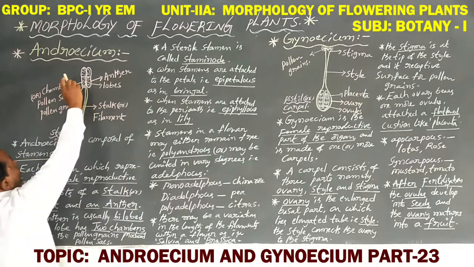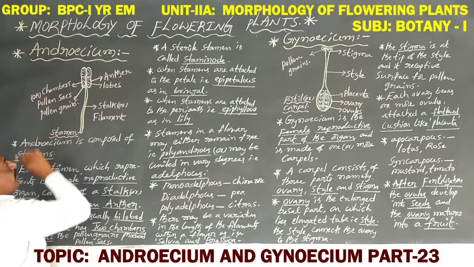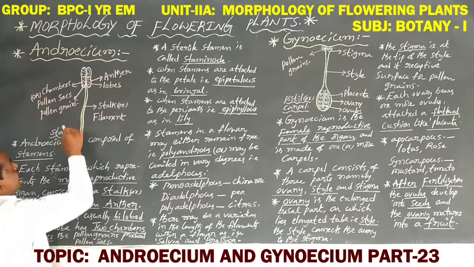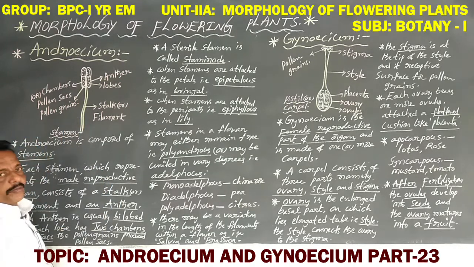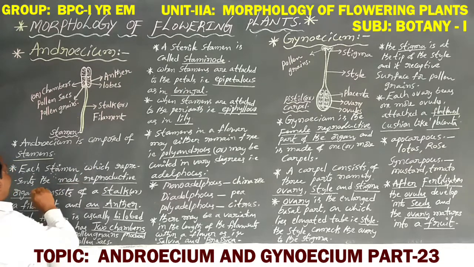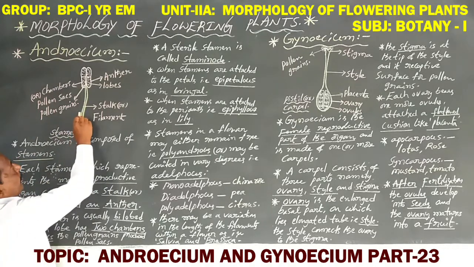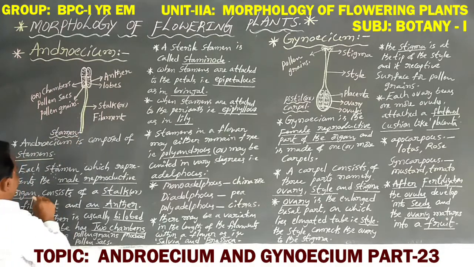Generally, androecium is composed of stamens. This is one stamen. Each stamen represents the male reproductive organ.